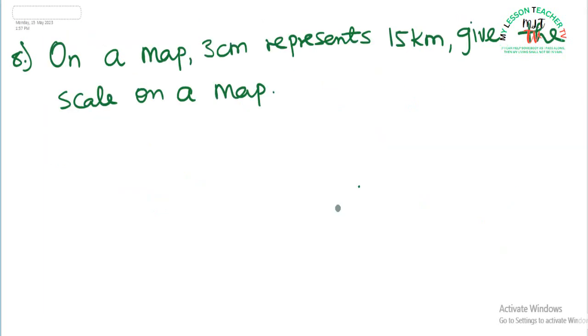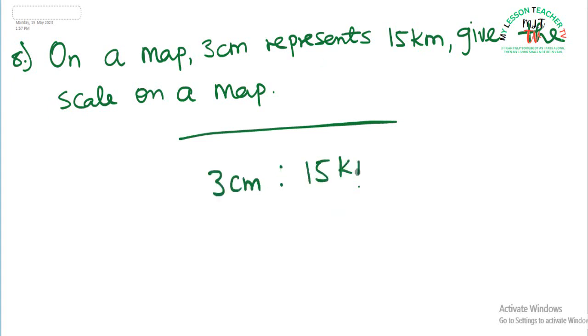Question 8 says, on a map, 3 centimeter represents 15 kilometer. We should give the scale on a map. Now, if 3 centimeter represents 15 kilometer, what this actually means is that you have 3 cm on the map to represent 15 kilometer on the ground. So all you need to do for you to get the scale is to look for a term that can divide both 3 and 15.